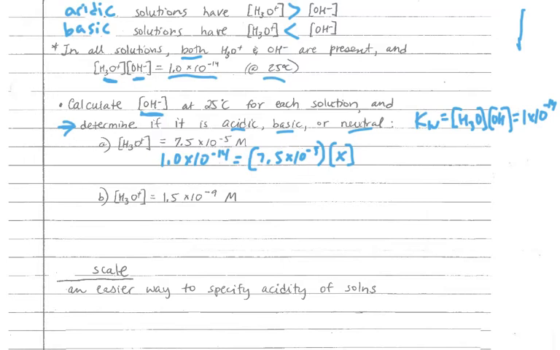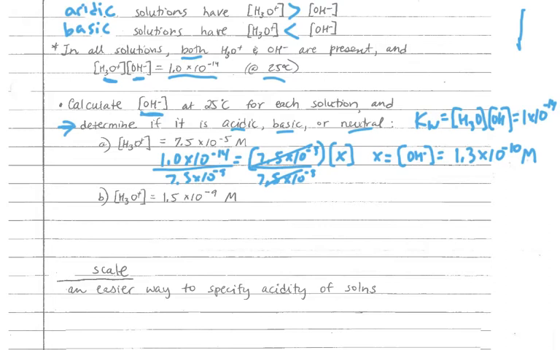We divide both sides by 7.5 times 10 to the negative fifth. And we get X, which is our concentration of hydroxide, equal to 1.3 times 10 to the negative 10. It's a concentration, so we need units, molarity, molar.